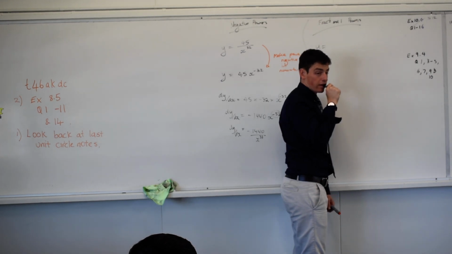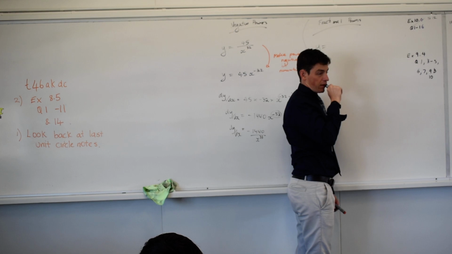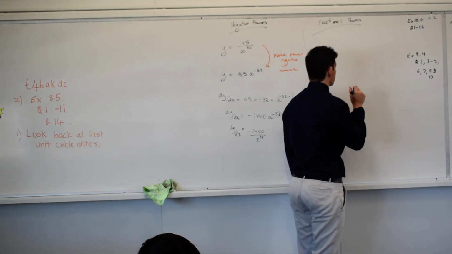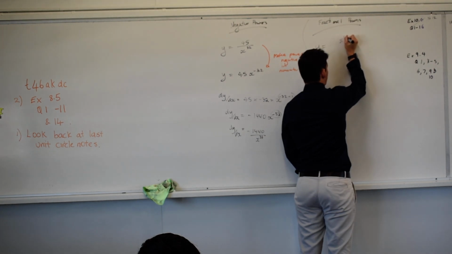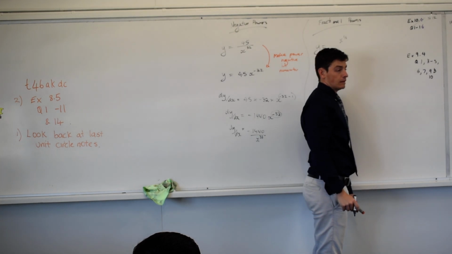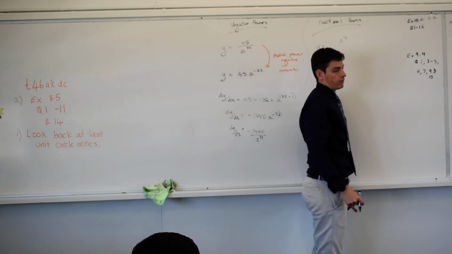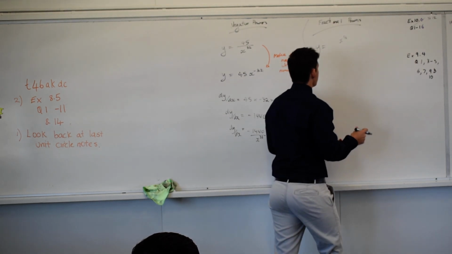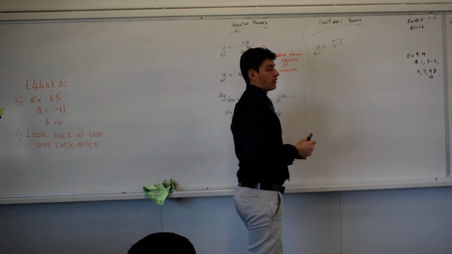But I can represent that as 1 over 2, which is a fractional power. So we've got 1x to the power of 1 over 2. That's the whole equation. That's not how it's often represented though. It's often represented as the square root of x, correct?